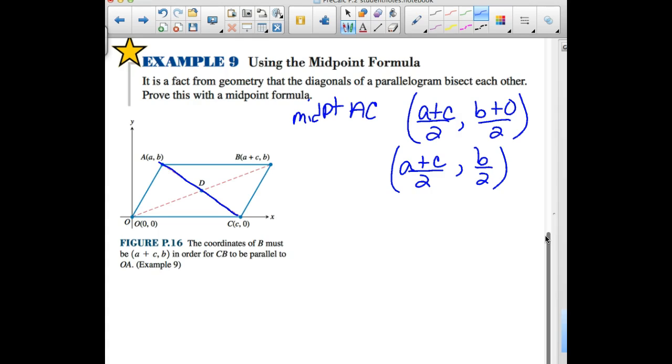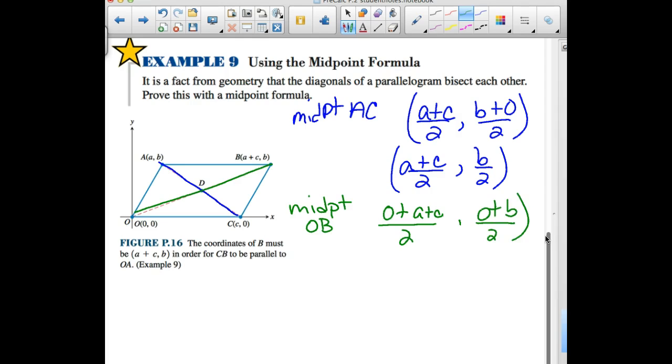Okay, looking at the other diagonal, it's a different color here. All right, looking at OB, we are adding our x's. So 0 plus a plus c divided by 2 and 0 plus b divided by 2, adding our y's and averaging those.